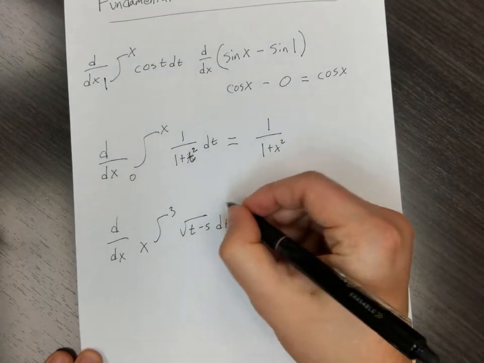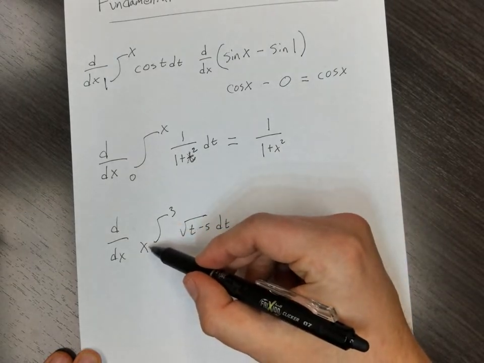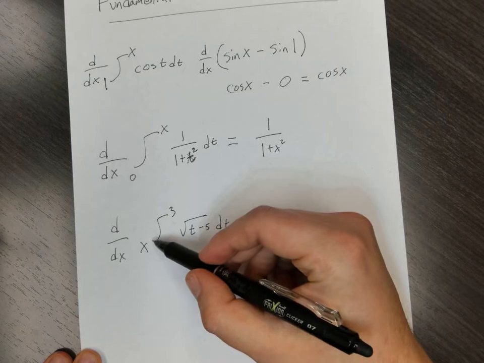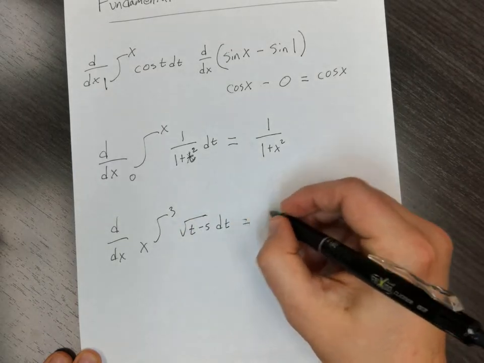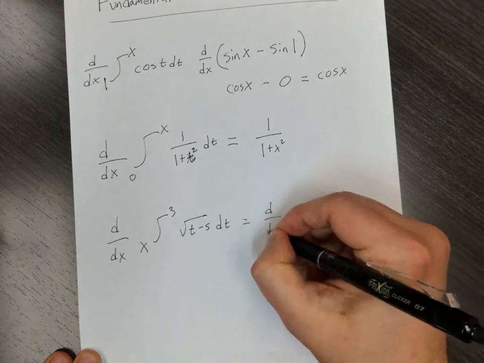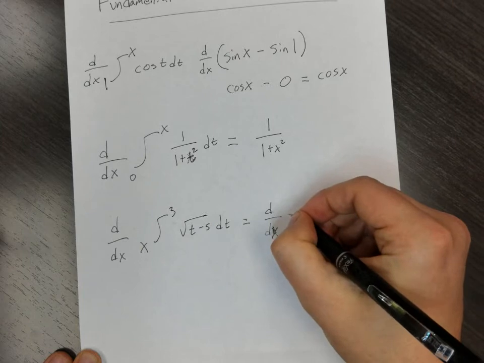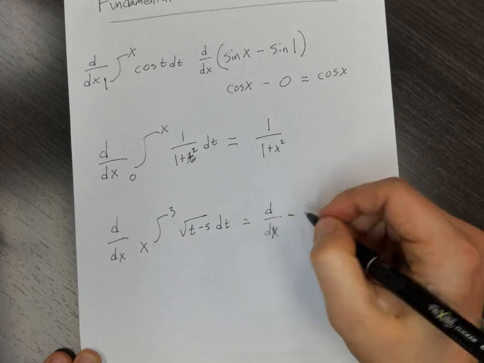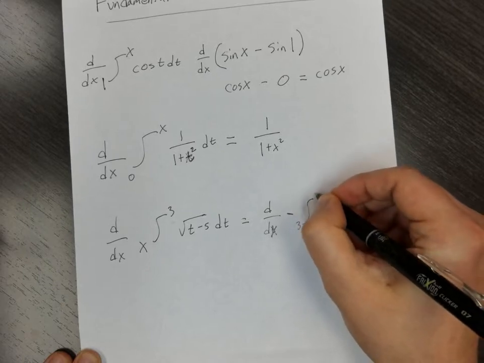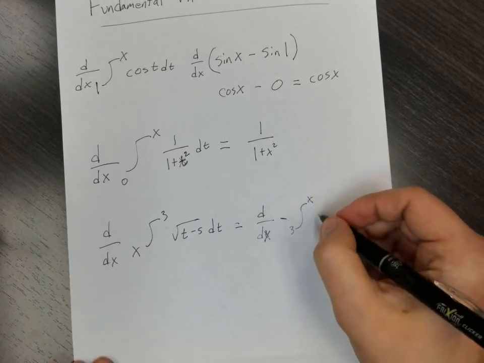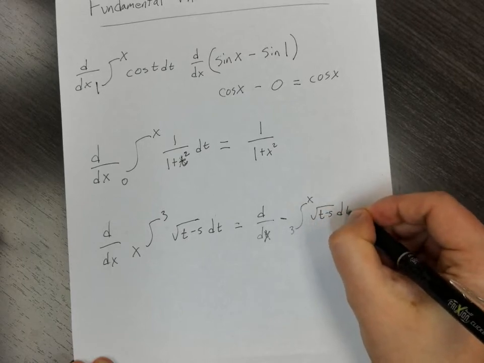Because the x is in the lower limit, we can use our integral rules, and say that's going to be equivalent to d dx of negative, and then I can switch my upper and lower limit, so it'll be 3 to x of the square root of t minus 5 dt.